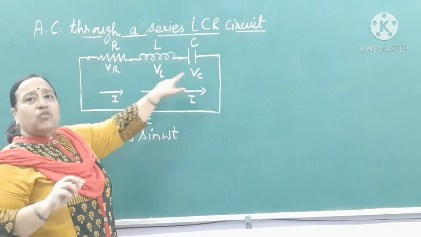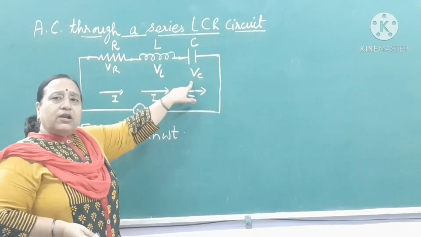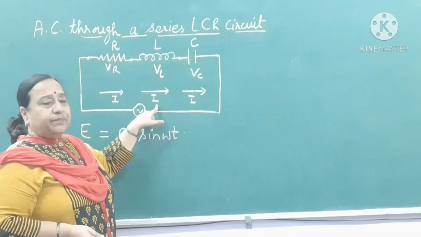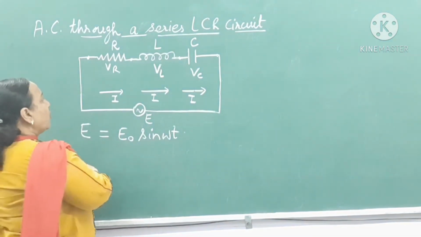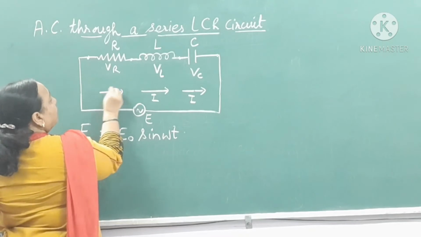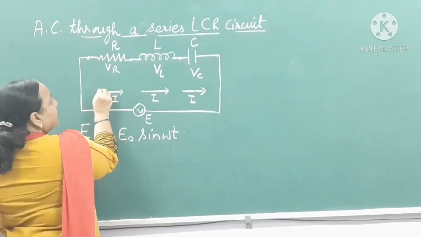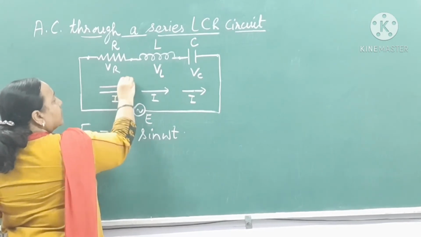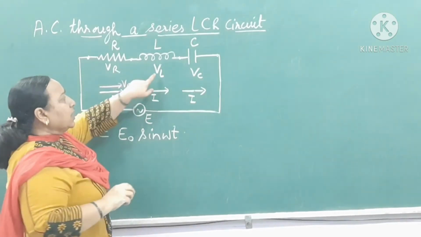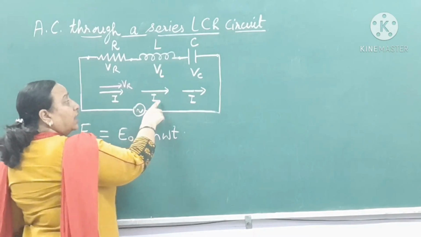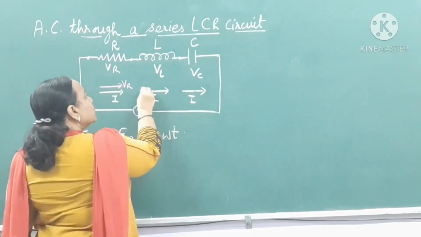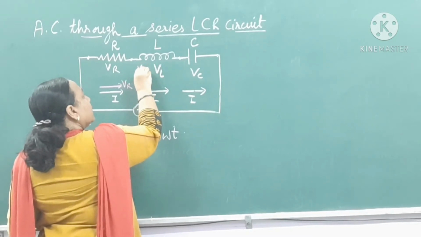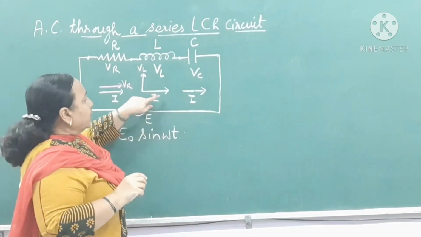Now considering these voltages, we have learned that the voltages are not in phase with the current. Considering the phase of these voltages, the voltage VR is in phase with the current. So VR also is directed along this direction. In the case of an inductor, the current lags behind the voltage, so this is the direction of the voltage developed across the inductor.